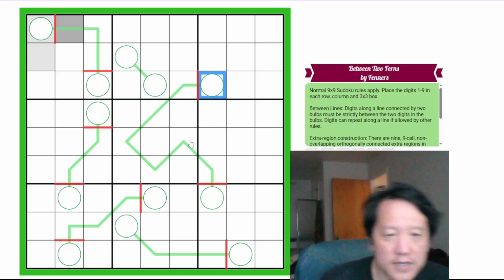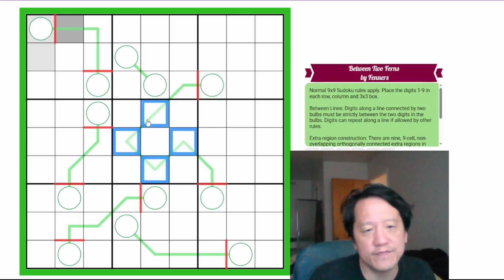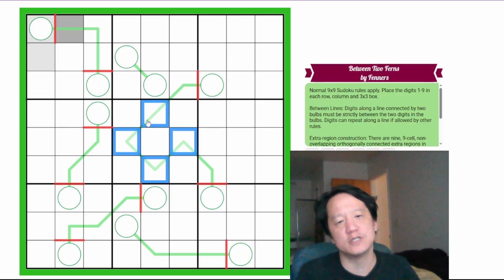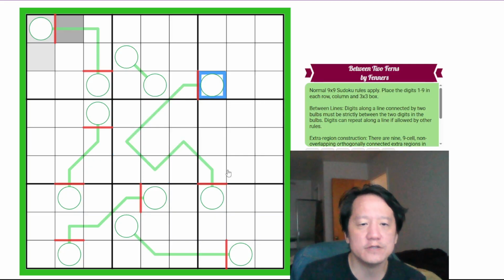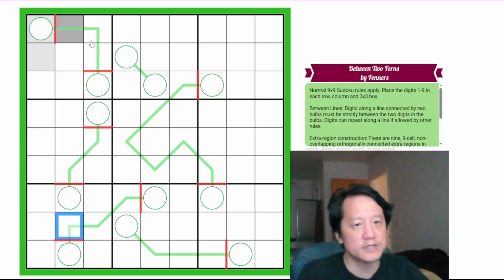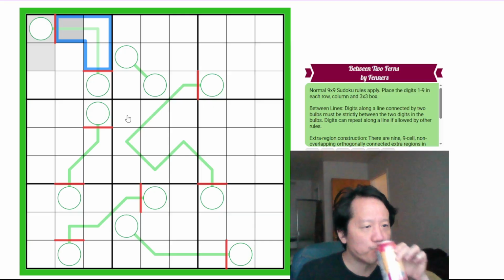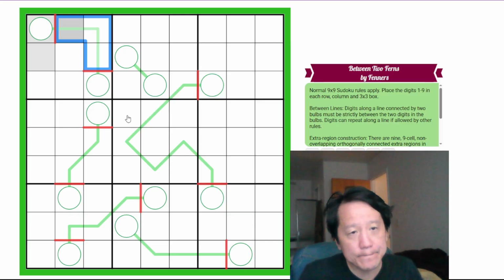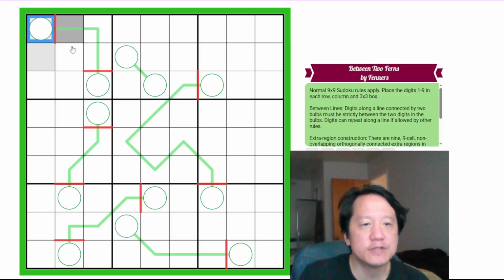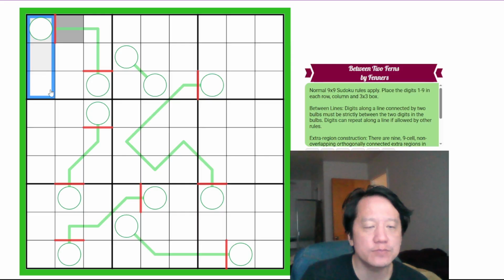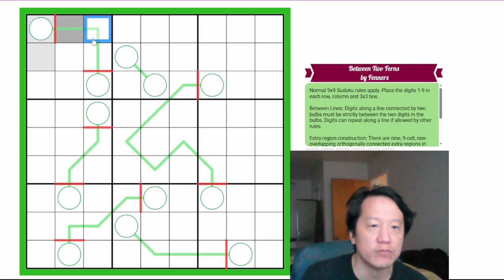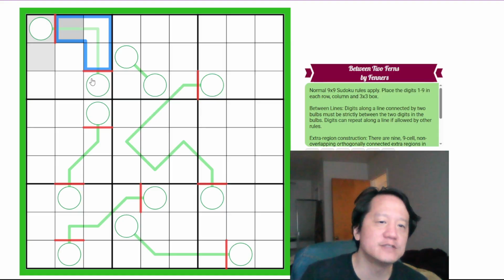This has at least 1, 2, 3, 4 unique digits in between these cells. This has 3 unique digits between them. So obviously this is at most a 7 here, because it can't even be 7. Oh, that's interesting.